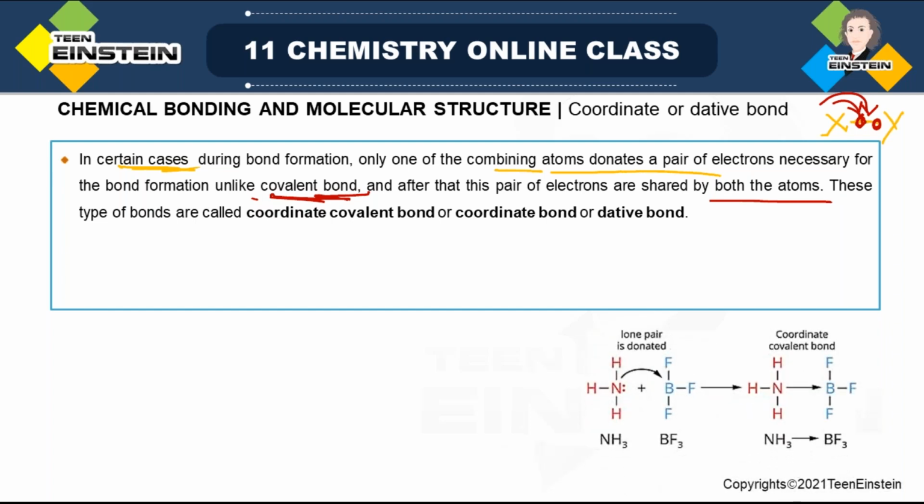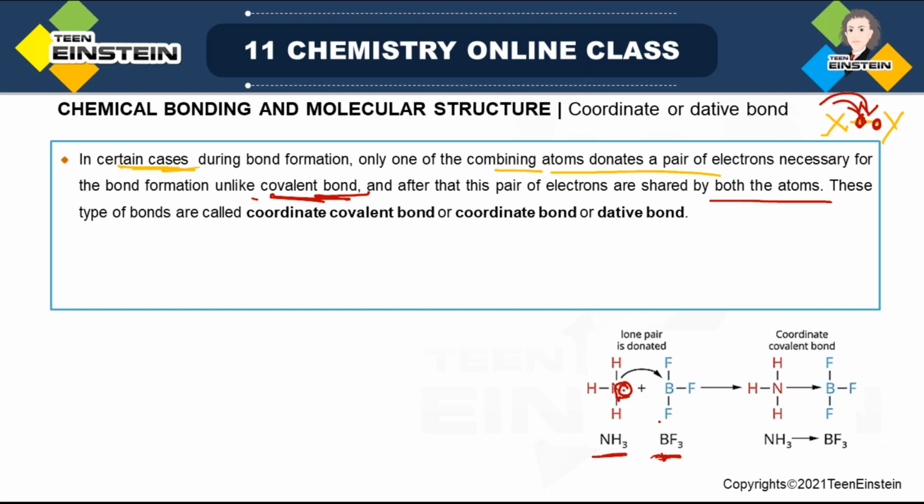Okay, so here you can see this reaction. Basically it is not a single compound. In this picture you can see there is a reaction between ammonia and BF3. We can also choose a compound, and we will see an example of a particular compound too, but in this case there is a reaction between NH3 and BF3. We know there is a lone pair over nitrogen in ammonia, and BF3 is basically an electron deficient compound.